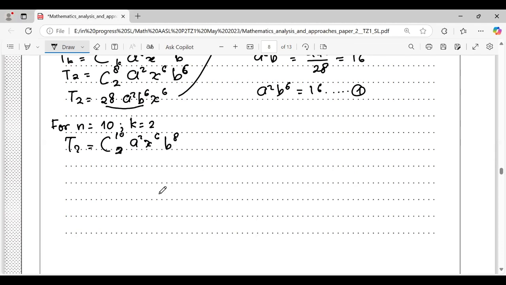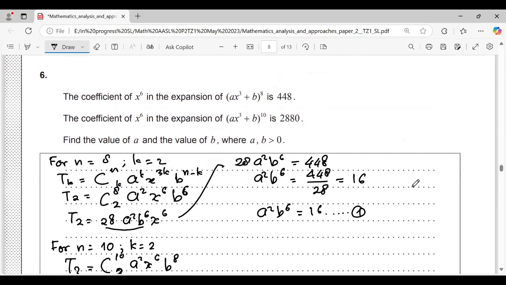Same with the previous one. And the combination 10 choose 2 is 45, a squared, b power 8, x power 6. This is T2.